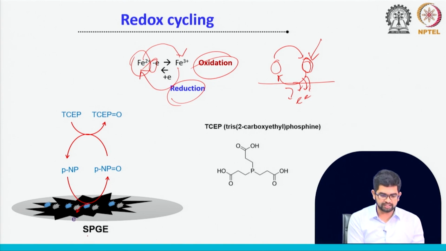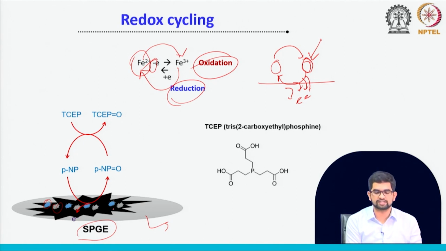Here you can see a screen printed glassy carbon electrode. This is just a transducer, an electrode surface, modified using some nanomaterial. On this surface we want to use some redox cycling reactions.